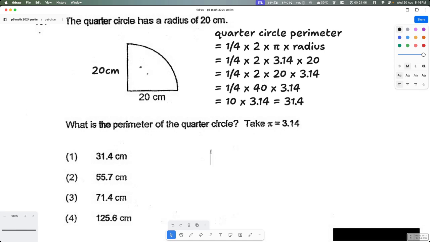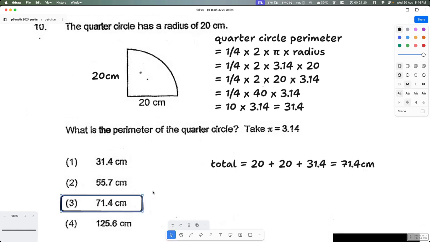Okay, so let's give the total, which is 20 plus 20 plus 31.4, which is 71.4 centimeters. And the answer is option number 3 for question number 10. Right, let's move on to the next question.